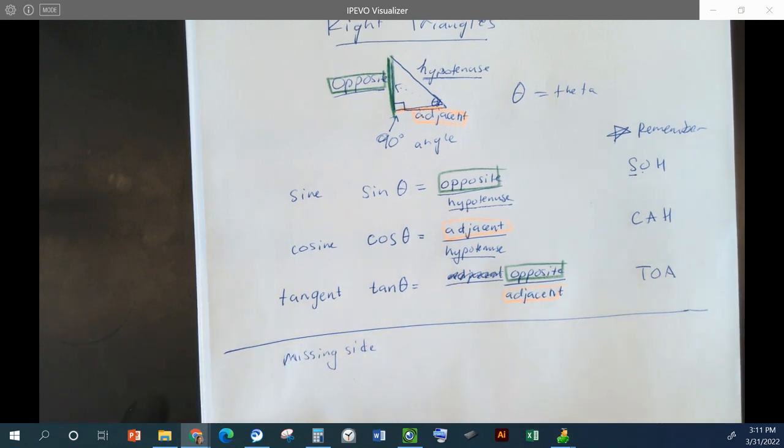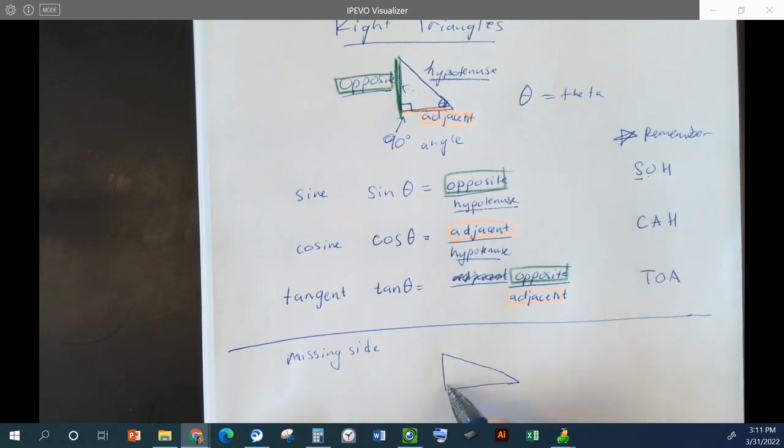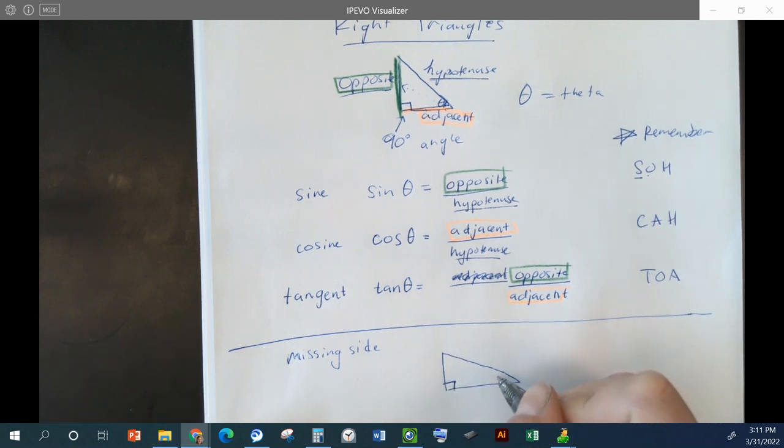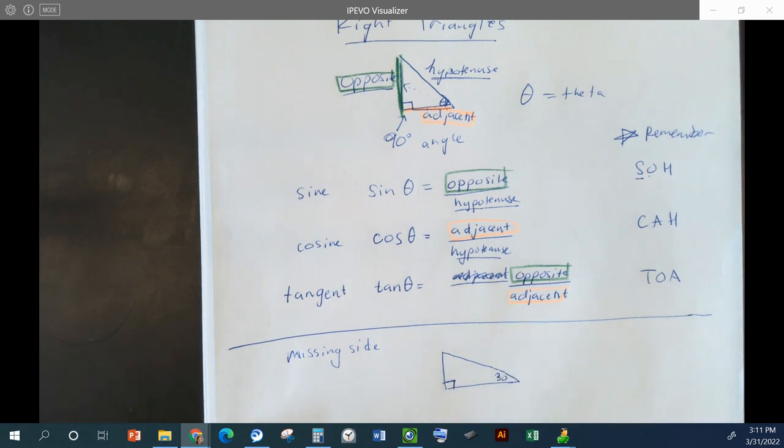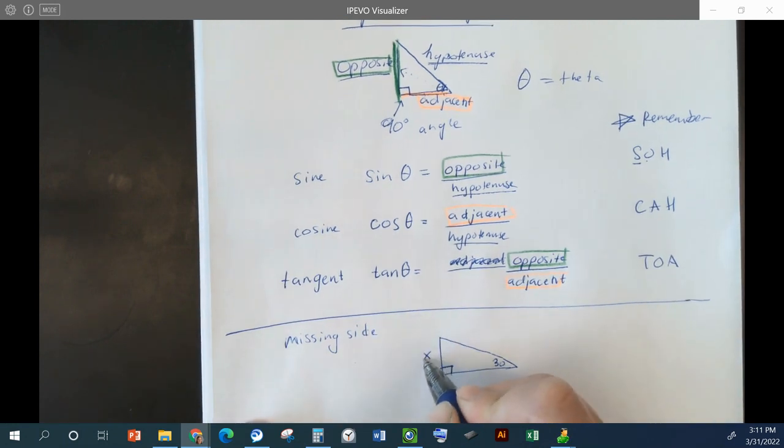So if I have a triangle, and it must be a 90-degree angle triangle, so it must be a right triangle, and maybe I have this angle over here. Maybe this angle is 30. I'm just making up a triangle. And maybe I don't know this side.